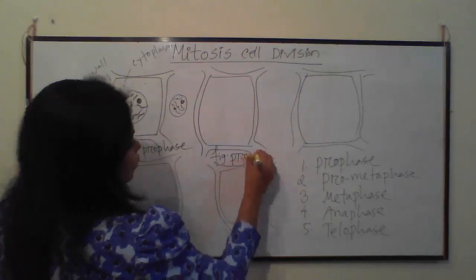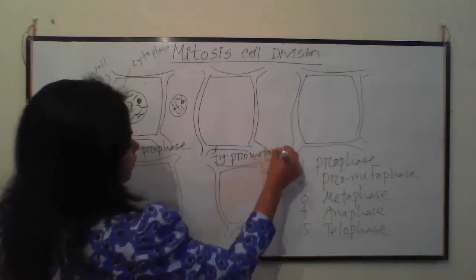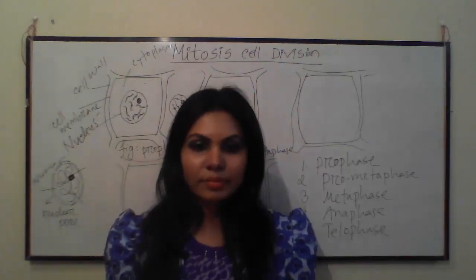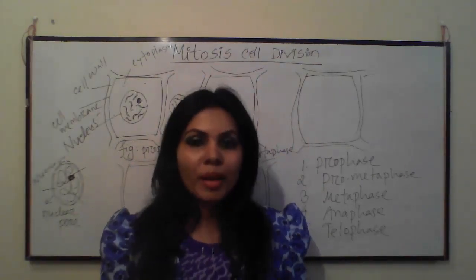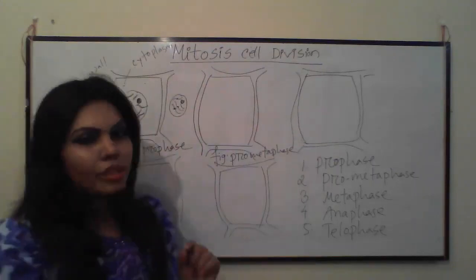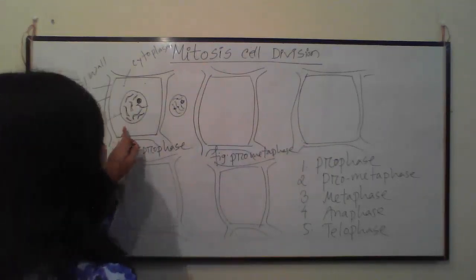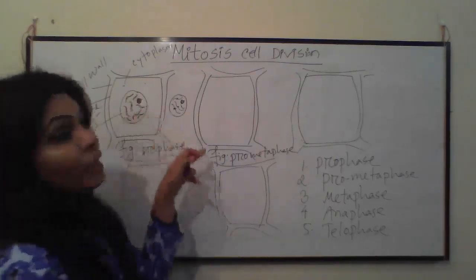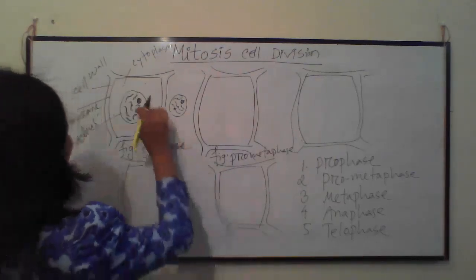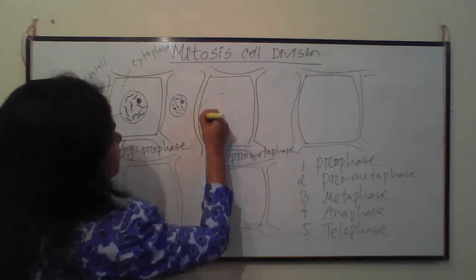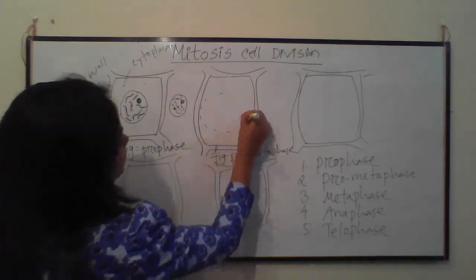This is prophase. And prometaphase? What about prometaphase? In prometaphase, this is actually a very short stage. Here, what happened? The nuclear membrane, here I'm showing the nuclear membrane, just disappears.